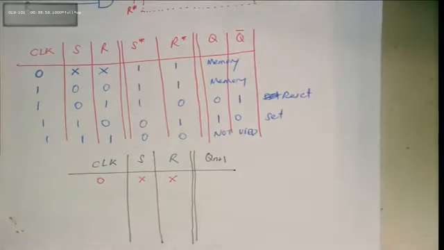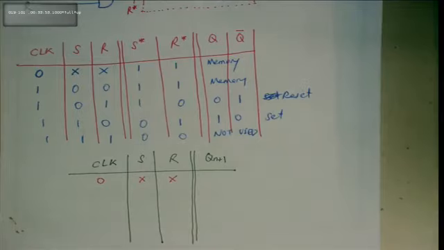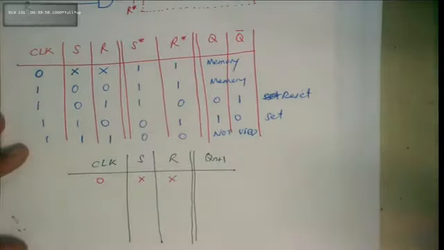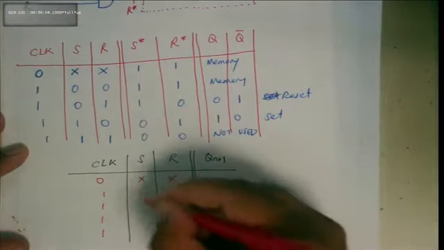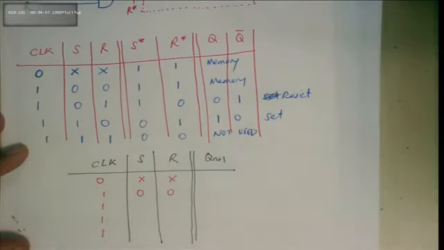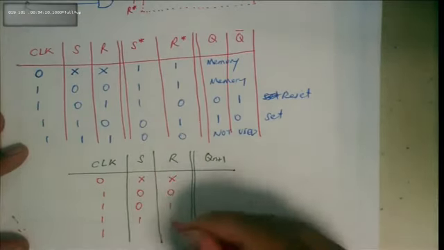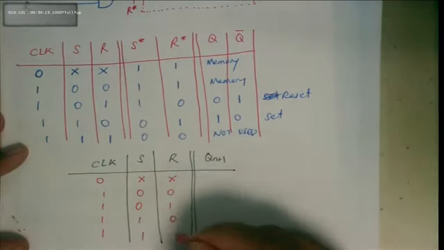You can put a Qn plus 1. Okay. And then the other inputs: 1, 2, 3, 4. So I'm repeating this. 0, 0, 0, 1, 1, 0, 1, 1.